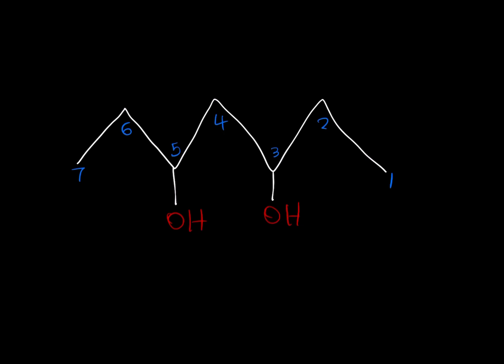However, we have 2 OHs, so it's actually going to be called heptane diol. And in terms of the numbers, 1 OH is going to be on carbon 3, the other one's going to be on carbon 5, so it'd be 3,5-heptane diol.